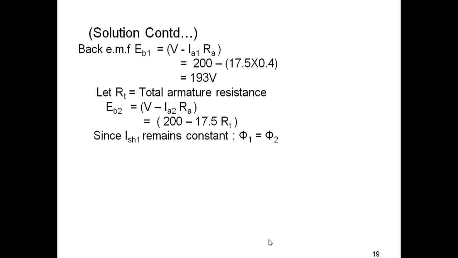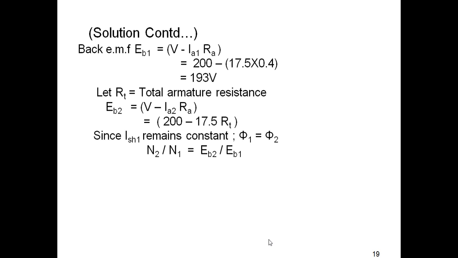Since the ISH value remains constant, the flux will be constant. So phi1 is equal to phi2. So from the back EMF equation, EB is equal to phi Z NP by 60A. We can write as N2 by N1 is equal to EB2 by EB1.